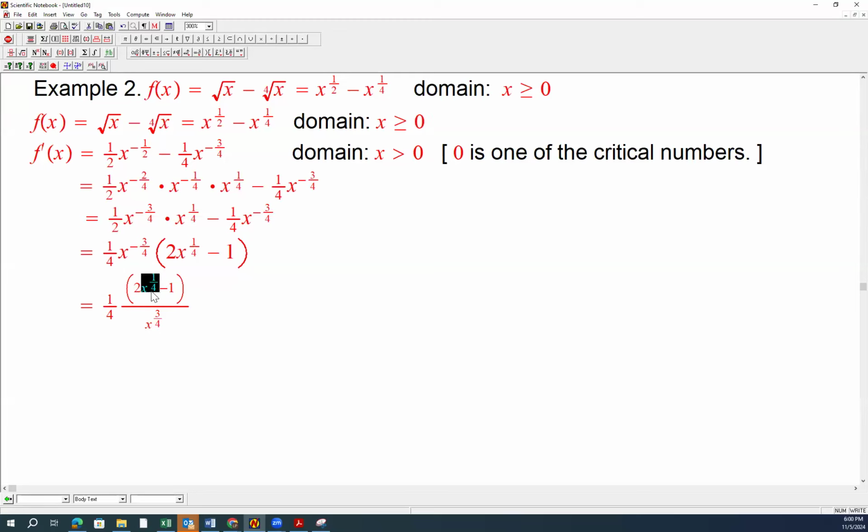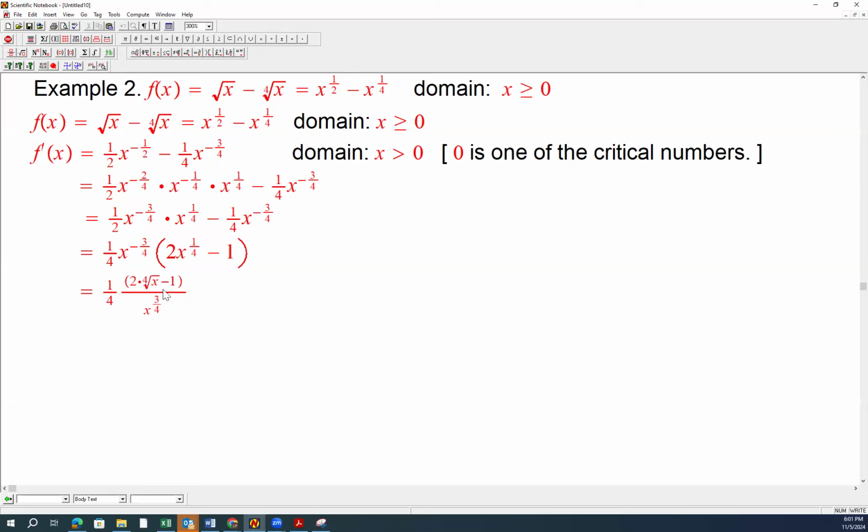X raised to the power 1/4, that's really the fourth root. Whichever way you like it, it's not going to change the results. It's to help us see better. Okay, so we have a critical number already. So we will have another.